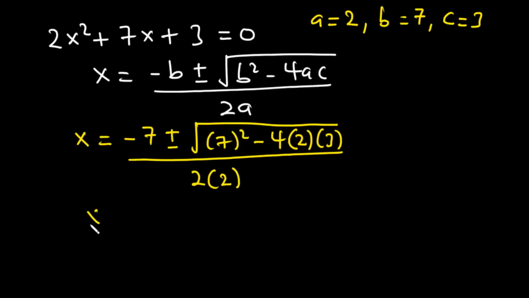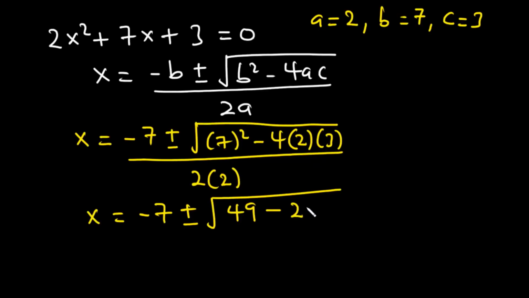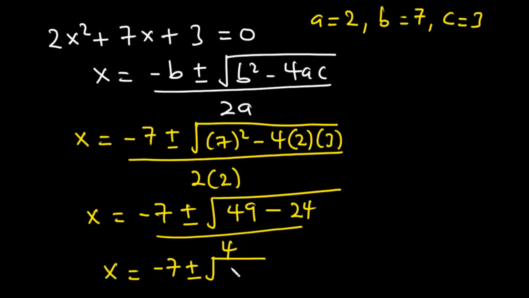So we have x is equal to negative 7 plus or minus the square root of 7 squared is 49, and then 4 times 2 is 8, 8 times 3 is 24. So we have 49 minus 24 divided by 2 times 2, which is 4. Now 49 minus 24 is 25. So we have the square root of 25 all divided by 4.